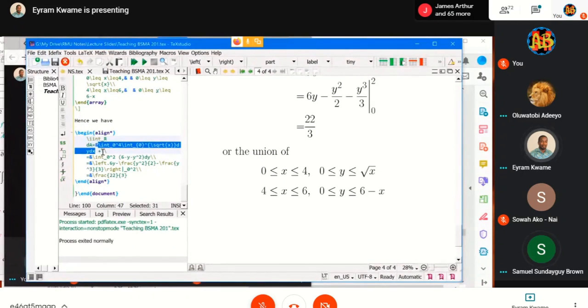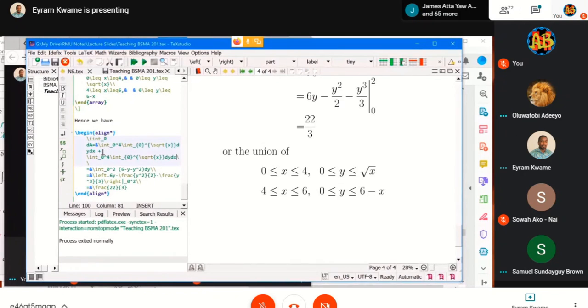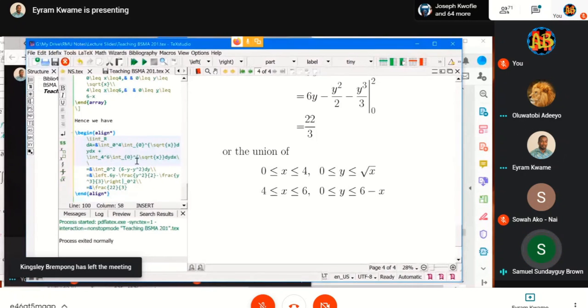I don't agree. It's not the integral of this one. The integral of this one I got 2. But when you sum the integral of the first area and the next, that's how I got 28 over 3.